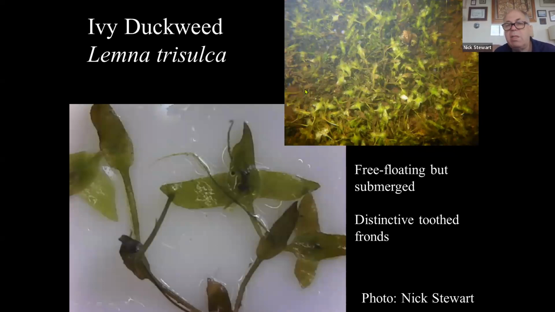But usually it's floating in the water column. They are very distinctive fronds. These are individual plants budding off each other, and there's not really much to confuse it with, quite different from the other duckweeds.